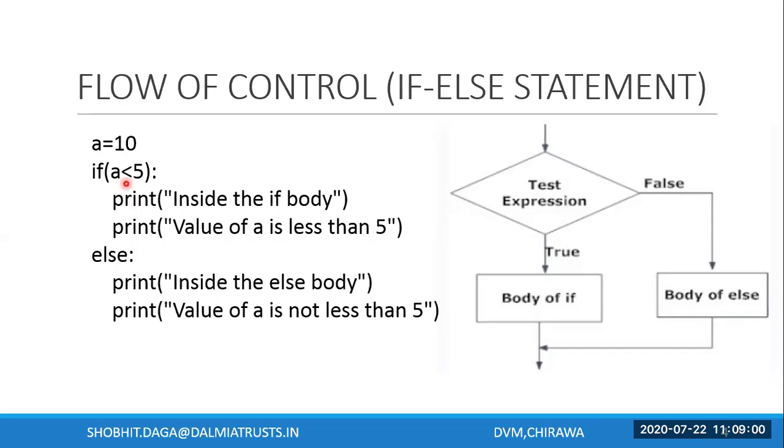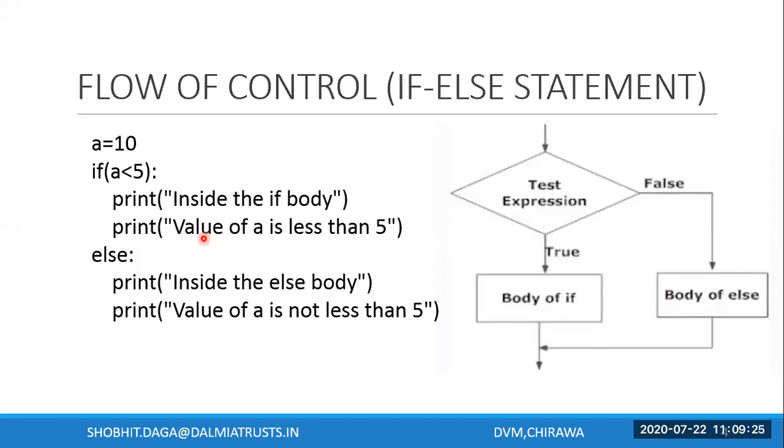But what if the condition over here is satisfied? In that particular case, my dear students, you are supposed to execute the statements associated with if only. And if the body of if is executed, then as per this flow of control, we will not execute the body of else.